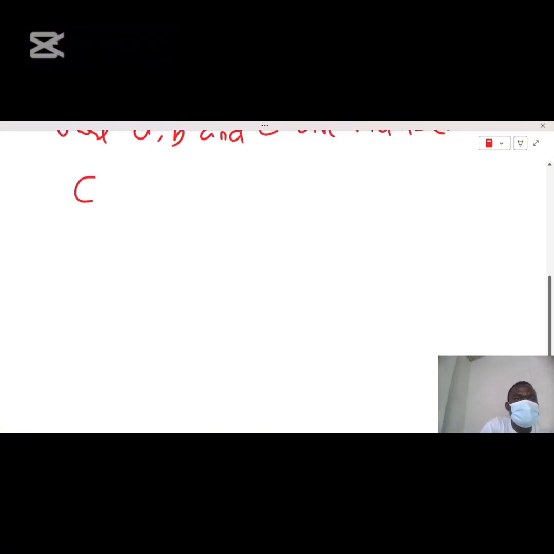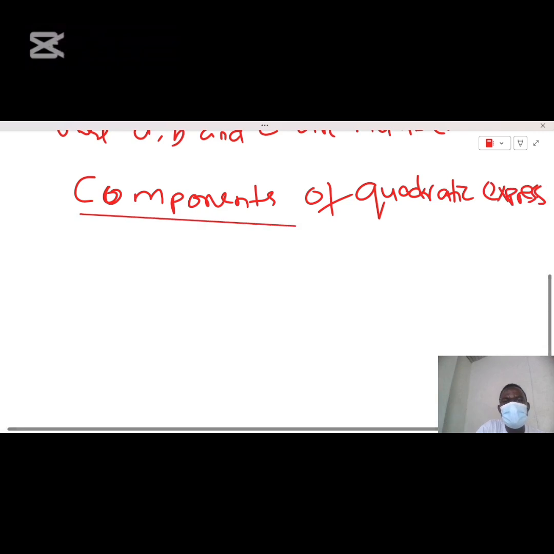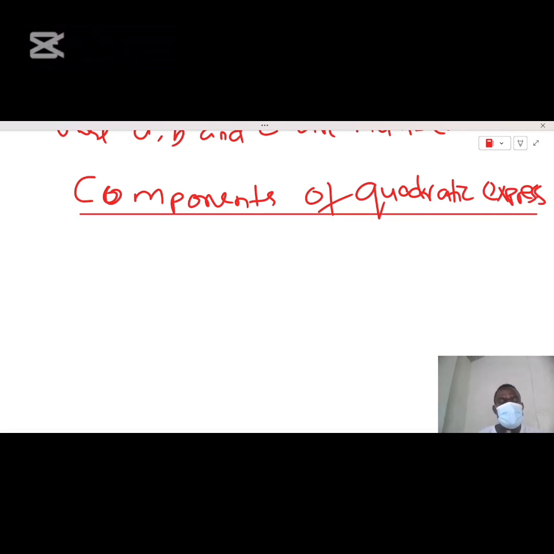When we talk of a component, these are the parts which make up a quadratic expression.